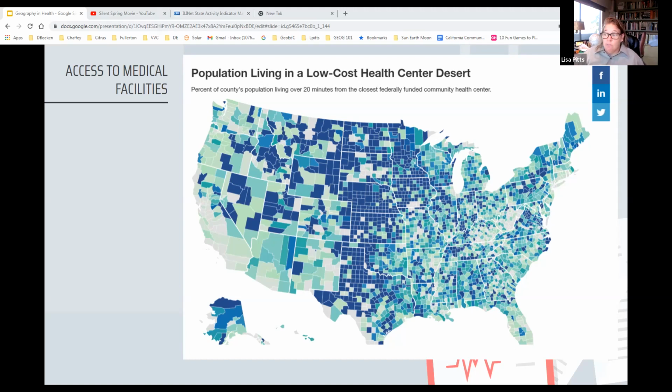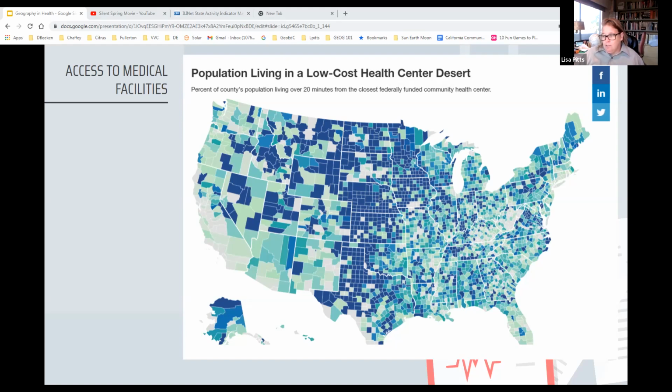Just about half of them were enrolled in Medicaid or Children's Health Insurance Program. About 25% didn't have any insurance. 5% of those people were homeless. 31% were children. And 63% of the 30 million people that access these low-cost health facilities were in ethnic minority groups.